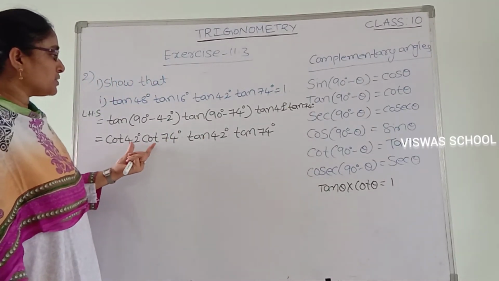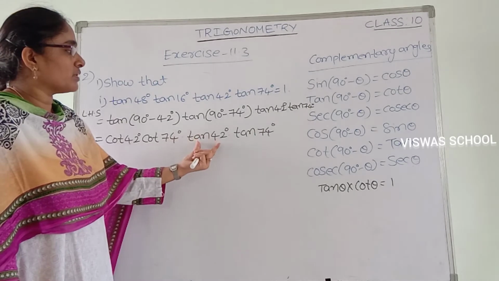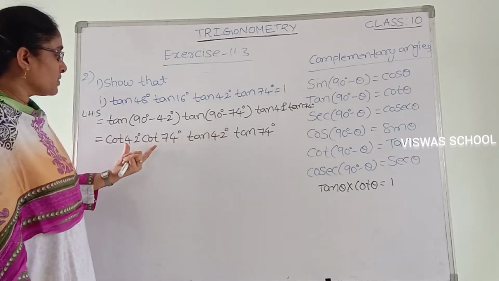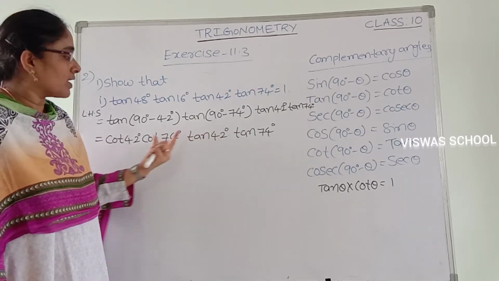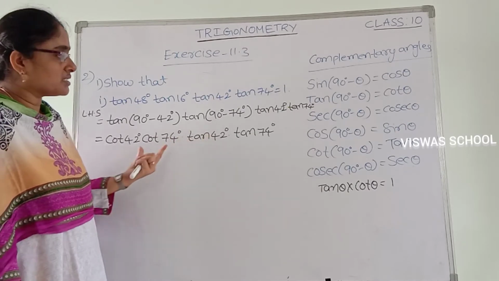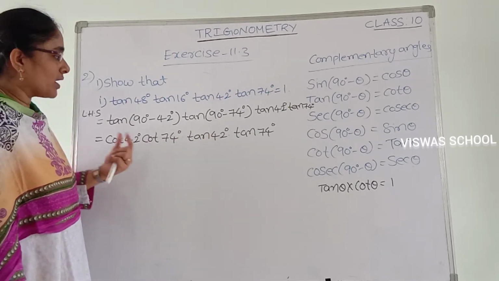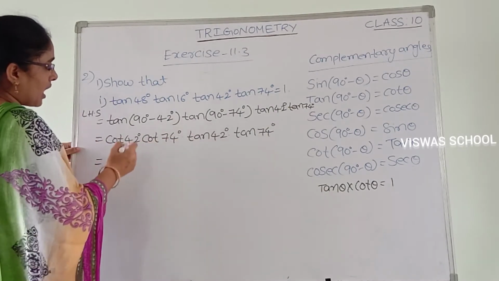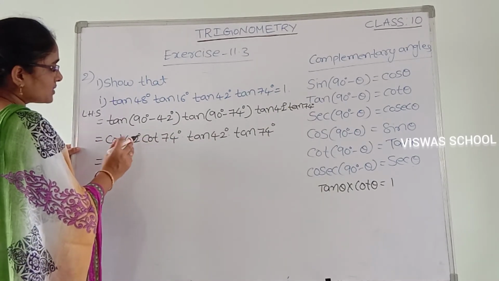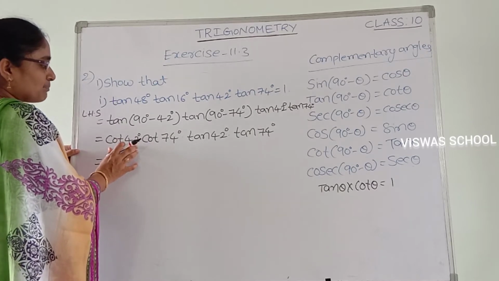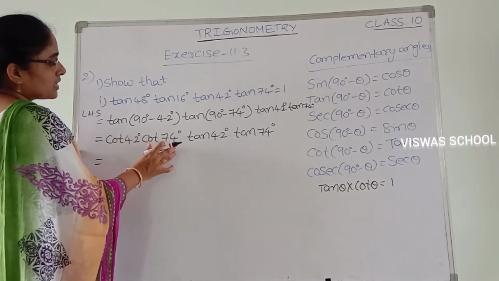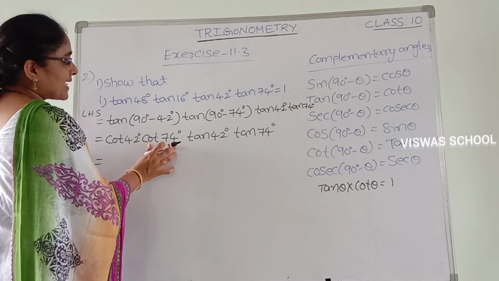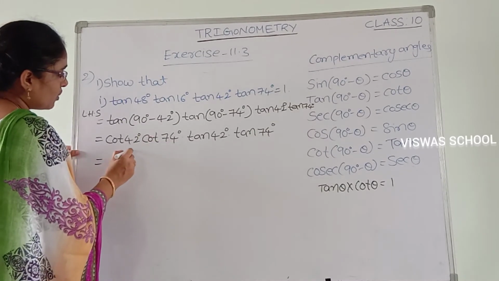In the same way, cot 42 into cot 74 into tan 42 into tan 74, cot theta into tan theta, so this total value is 1. Or cot 42 can be written as 1 by tan 42, and cot 74 as 1 by tan 74.